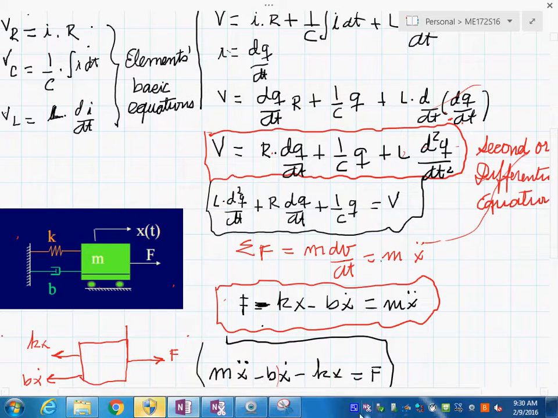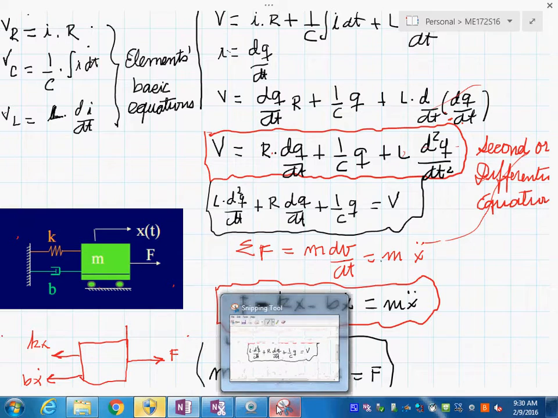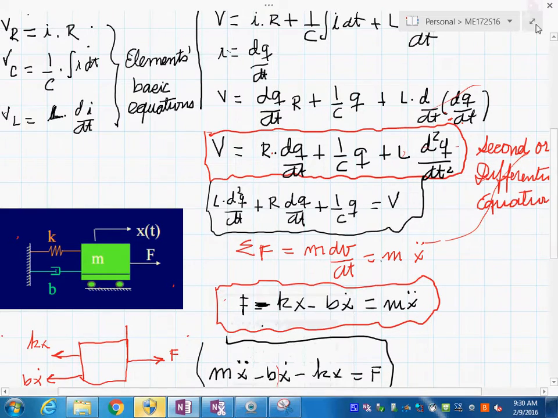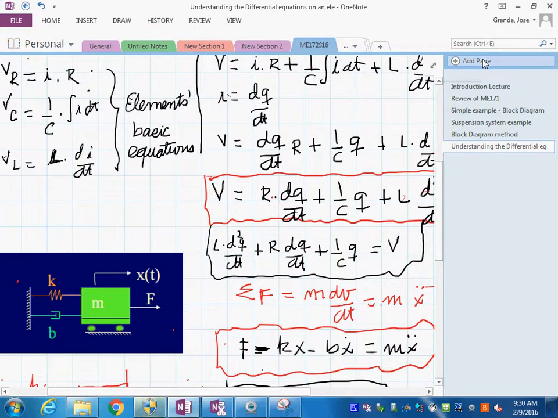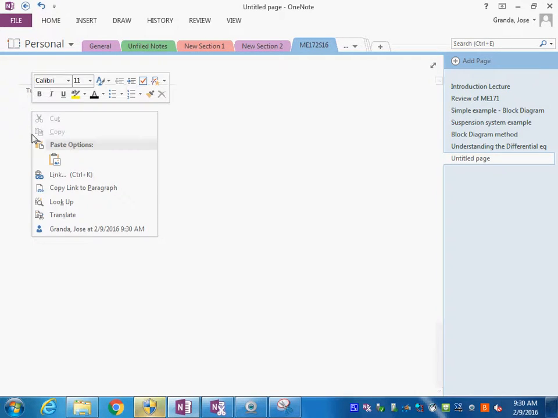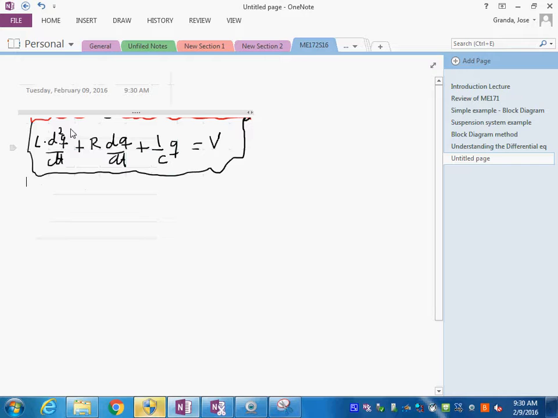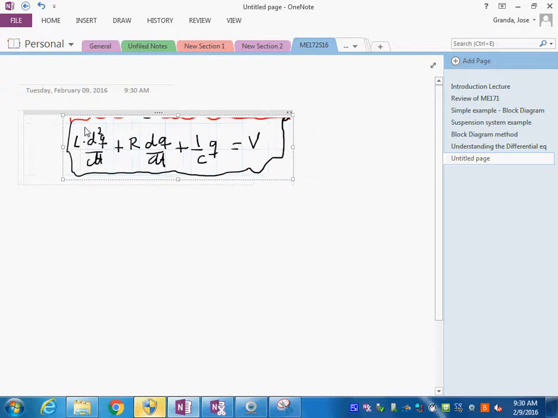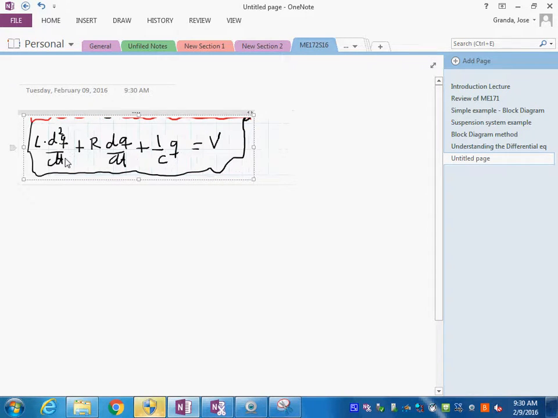You can say, from an equation to a block diagram. Okay, what I'm trying to say to you is that we write the equation in terms of this term, that in terms of this term.